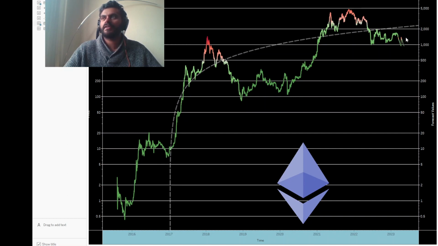From the forecast perspective, the Z score of the forecast value is 1.7 right now, which is the highest that it will be till May 10. The model is forecasting Ethereum's price till May 10 of 2023.